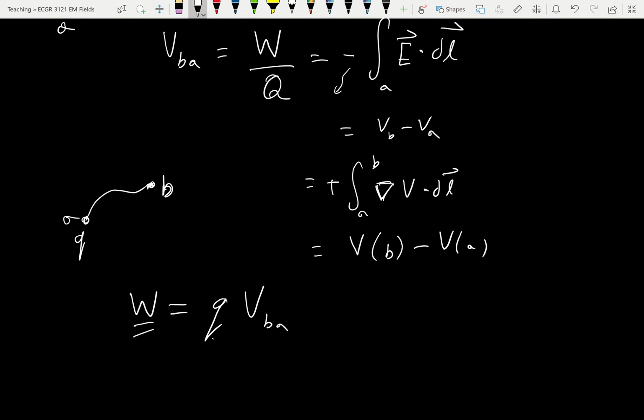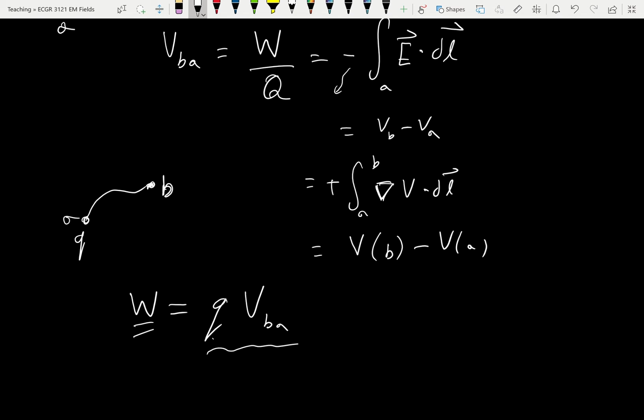So I applied some work to move the charge. That means the whole system gained this amount of work. It gained this amount of energy. Similarly, when I push a boulder uphill, the whole system, including the boulder, gains energy.